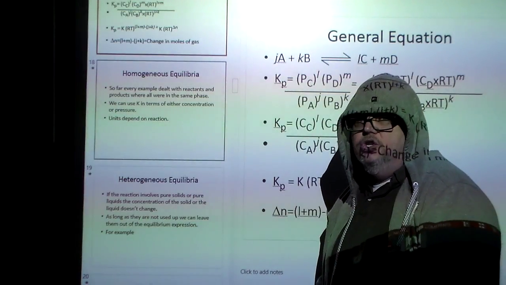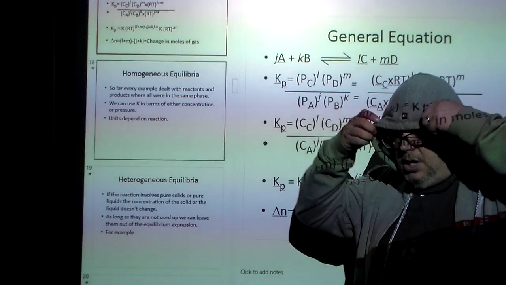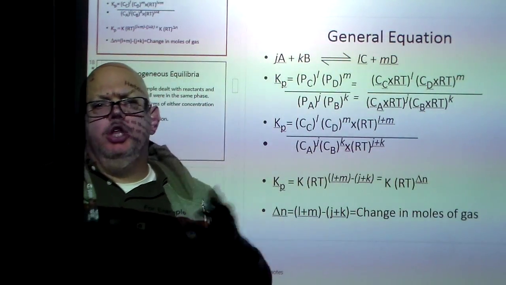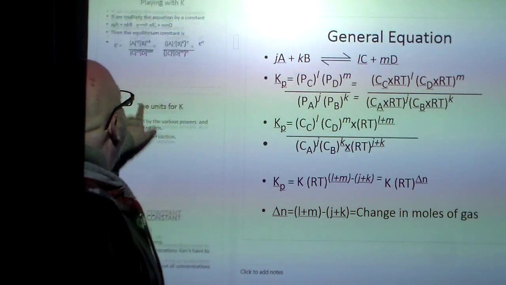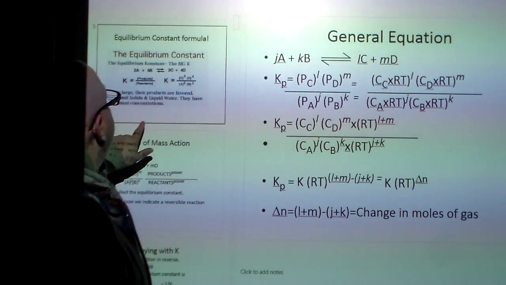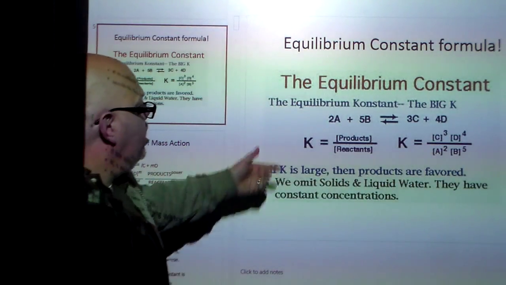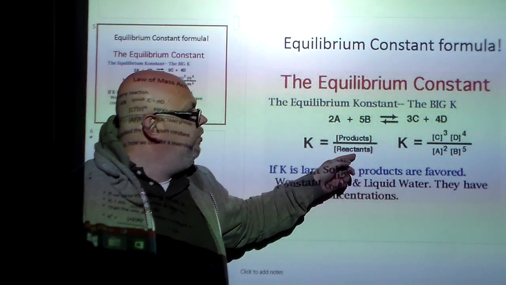And for this, ladies and gentlemen, we are going to stop here. I wanted to cover a lot of stuff with you guys and get you on a jump start. For equilibrium, you're looking at a major formula that's going to be consistent throughout the entire chapter, where K is equal to the concentration of the products divided by the concentration of the reactants.